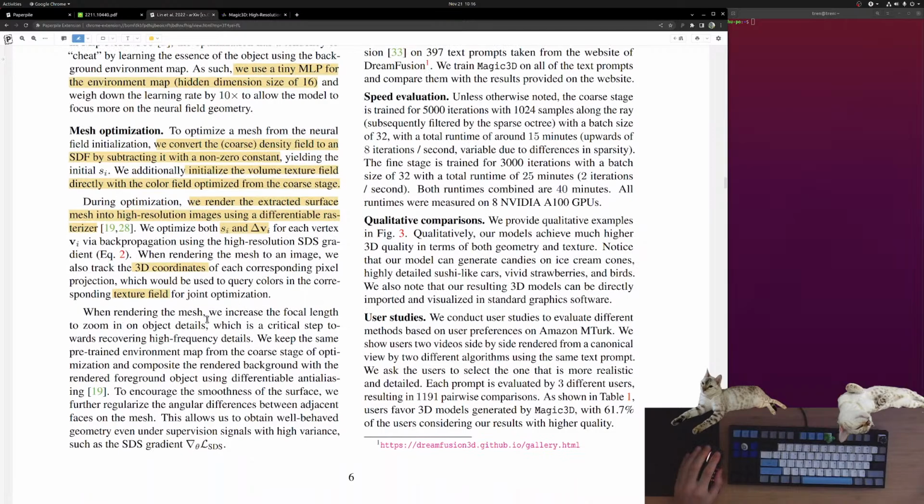When rendering the mesh, this is actually the cool stuff that we were reading about in the background, where they zoom in. So not only are they trying to get different angles of this object, seeing it from different views, but they're also zooming into the object in order to hallucinate the finer details.